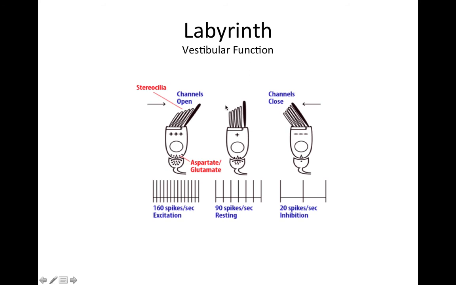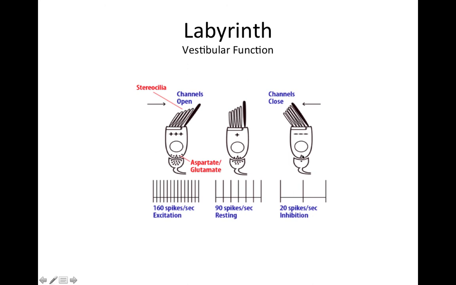So whenever we lean towards that kinocilium, that is going to depolarize. So we're releasing the glutamate, the aspartate into the vestibular nerve, and we are increasing to a more positive membrane potential. So you can see now we've gone from 90 to 160 spikes per second. This is depolarization. This is excitation. Okay?